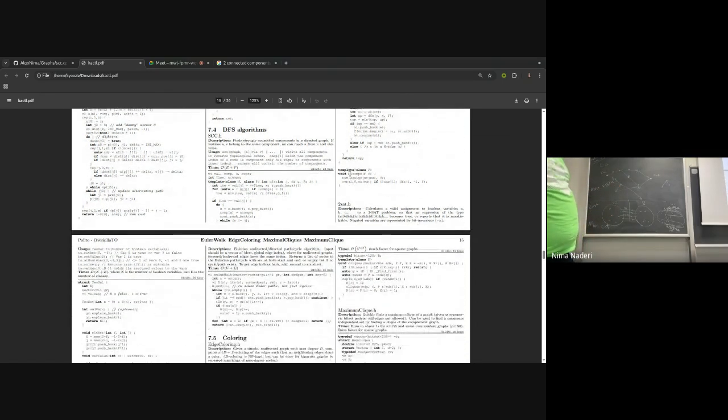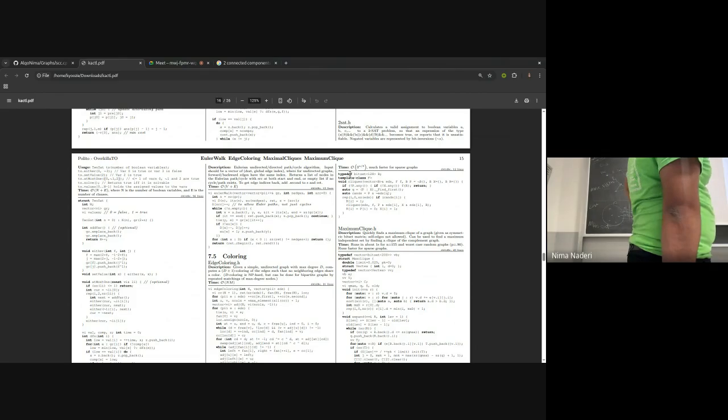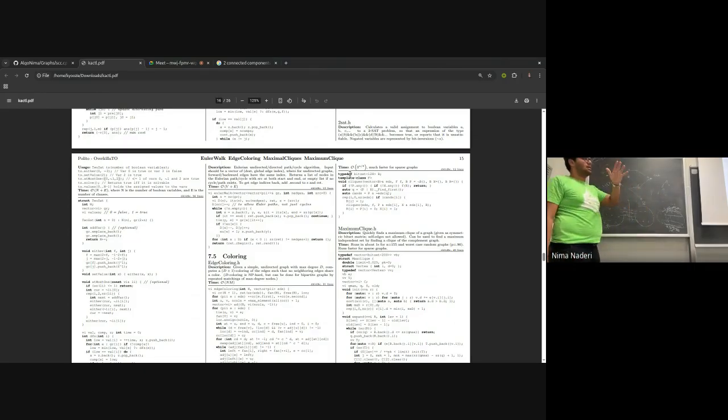The other thing is TwoSat. So for TwoSat, we have some expressions that we know are true, like P or Q. We have some expressions like this, not in the graph, generally.